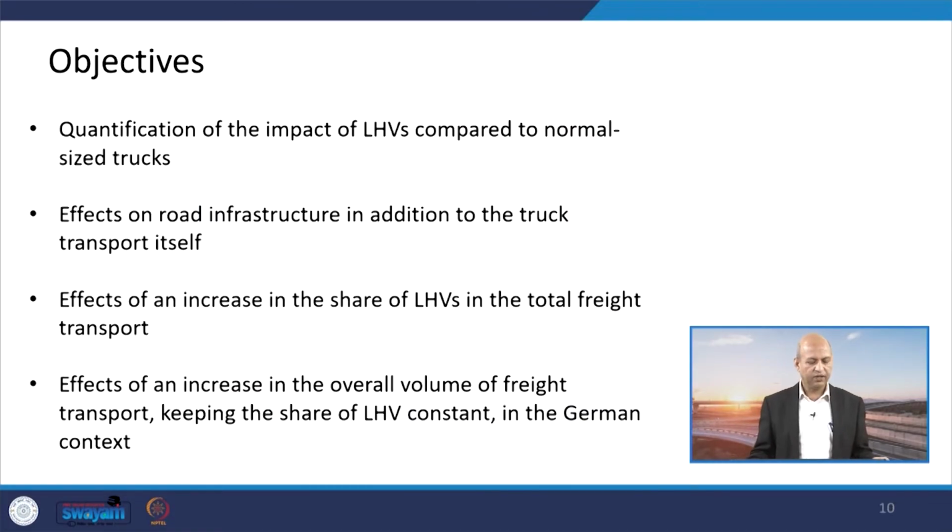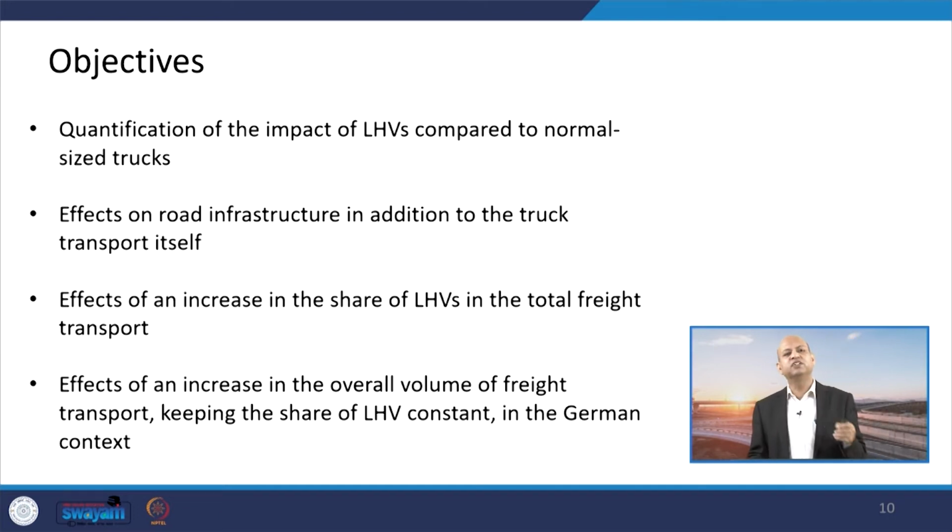The objective of the study is basically to quantify the impact of these longer and heavier vehicles compared to the normal size or conventional trucks, and the effects on the road infrastructure in addition to the truck transport itself. Because you have longer and heavier trucks, the manufacturing technique has to be changed, the layers of the road strata have to change, and new roads may be constructed; all those impacts are there.